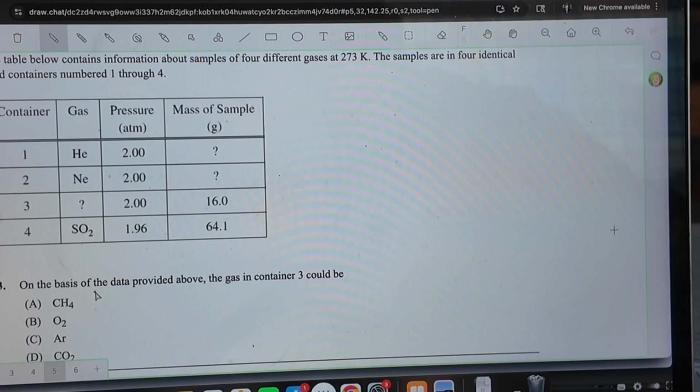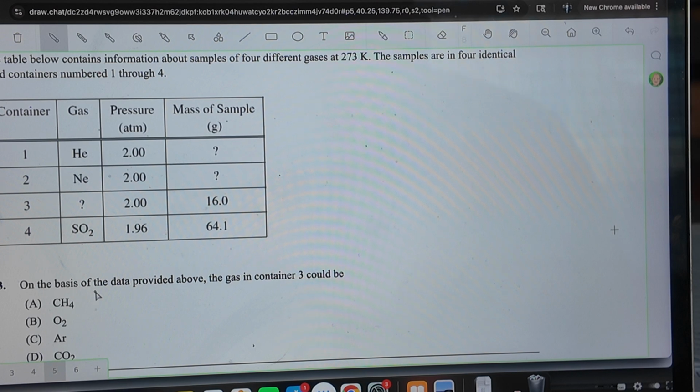The table below shows information for 4 samples of gas at 273 Kelvin. The samples are in 4 identical rigid containers numbered 1 through 4. So all containers have the same volume, and they all have the same temperature as well, 273 K. That means what really matters here is that moles are proportional to pressure.